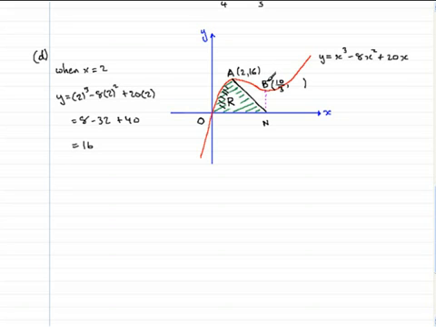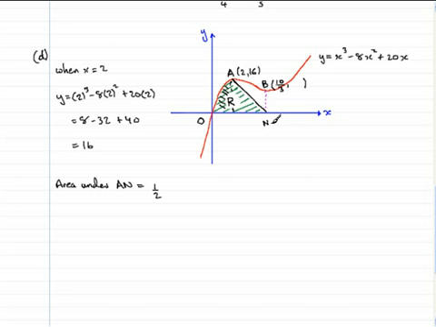Okay, so the area under AN, being a triangle, is going to equal half the base times the height. Let's draw a dotted line down in here, not great, but I'm looking at this triangle here, so the base is this distance across here.